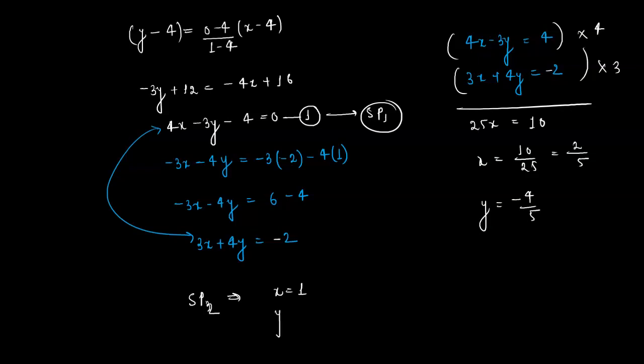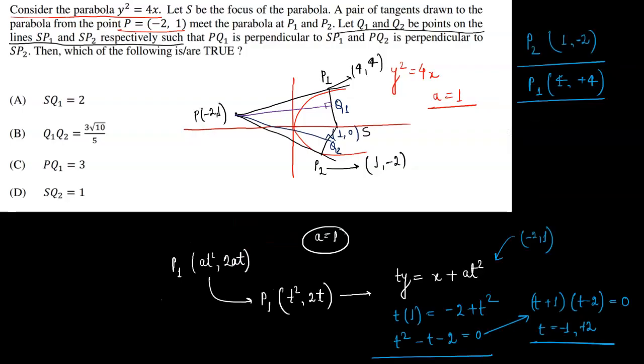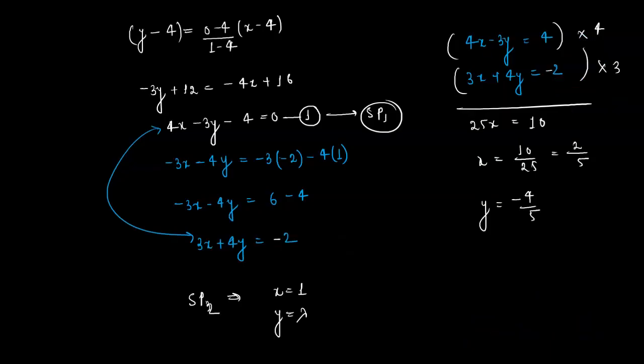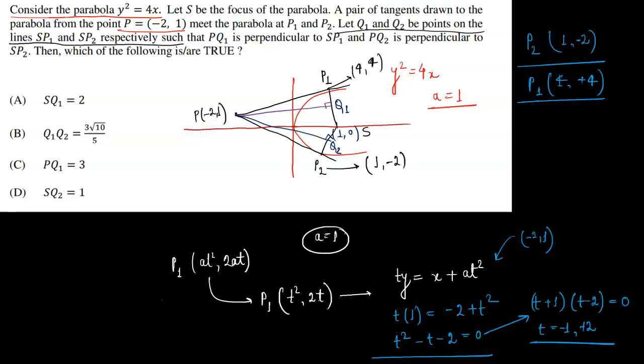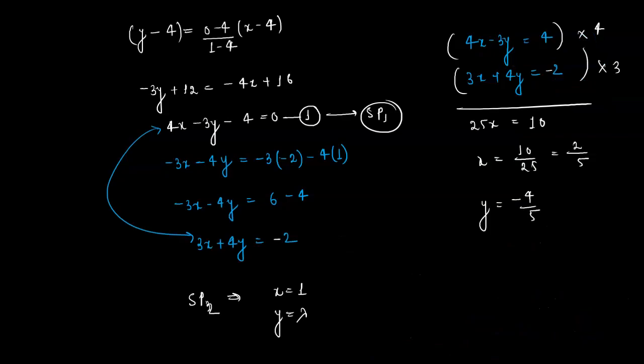So the perpendicular to this equation will be y is equal to lambda. The perpendicular will be passing through minus 2 comma 1, so if you put the y coordinate of this point, then y is equal to 1. So finally your perpendicular equation is y is equal to 1, and Q2 will simply be 1 comma 1.